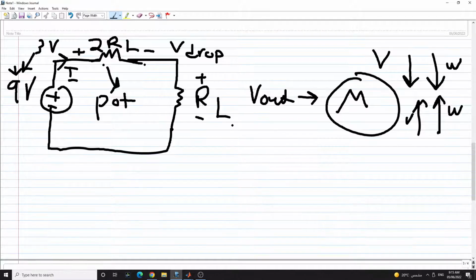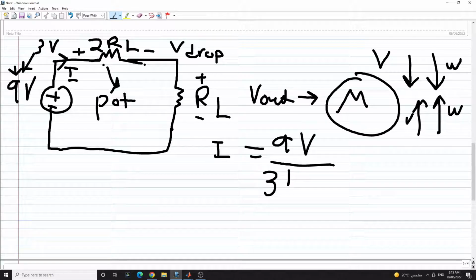Now let's do the math. The current is going to be 9 volts over the total resistance, which is going to be 3RL. And the voltage drop is simply going to be I multiplied by the resistance.